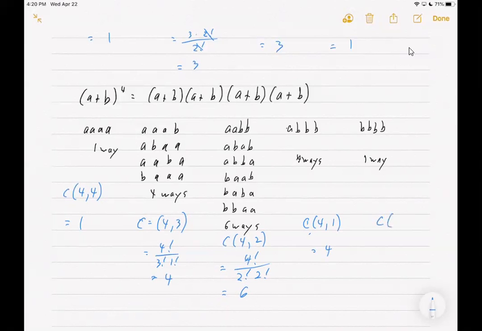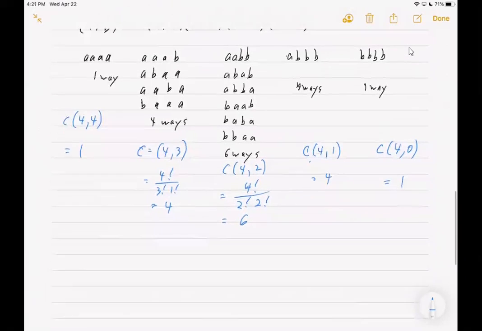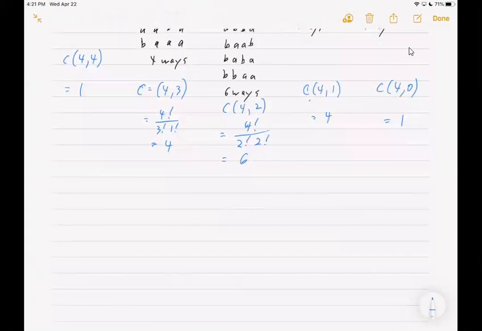And this is the combination of having 4 things and taking none of them. There were no A's selected, and that in fact gives you 1 again. So those line up with the coefficients that we would have had if we were in Pascal's triangle here. Okay, so we can regenerate the coefficients for any row using the idea of combinations.